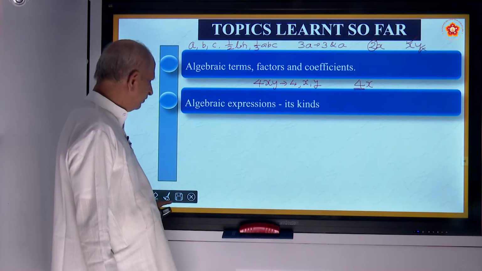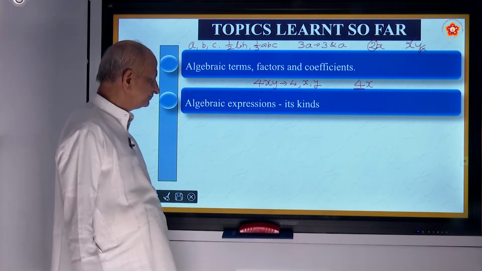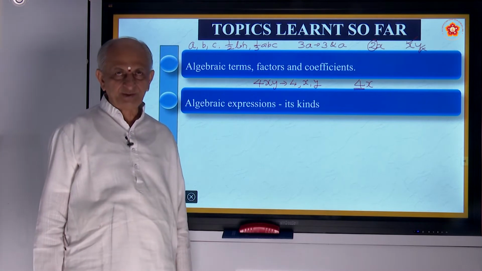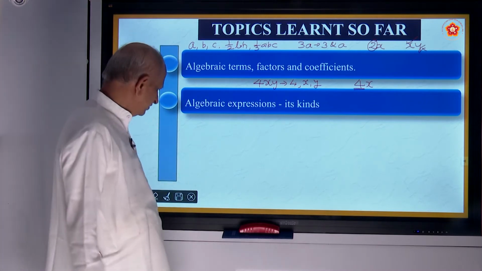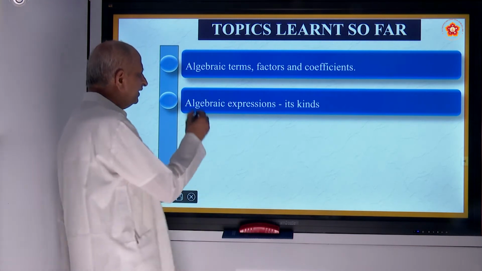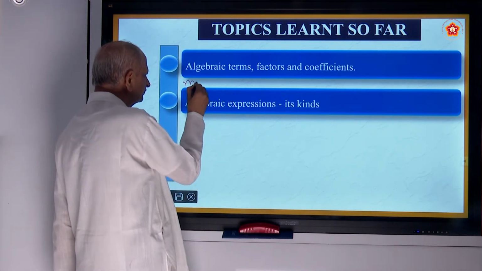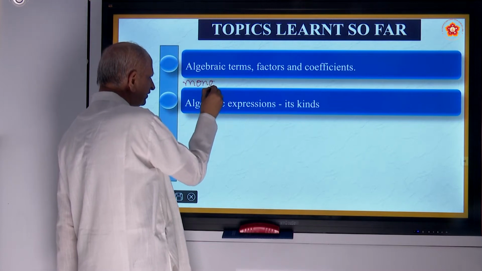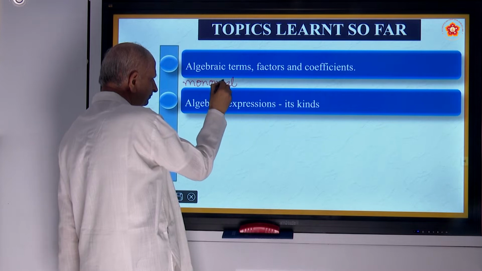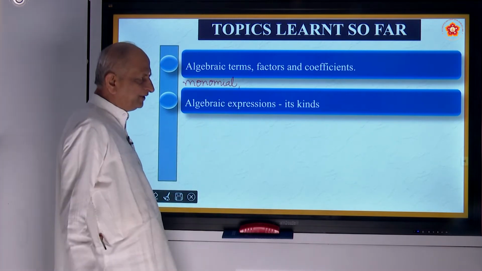Also, we have seen about algebraic expressions. And there are 3 types or 4 types of expressions. The first one is called monomial. Monomials are the expressions consisting of one term, only one term.